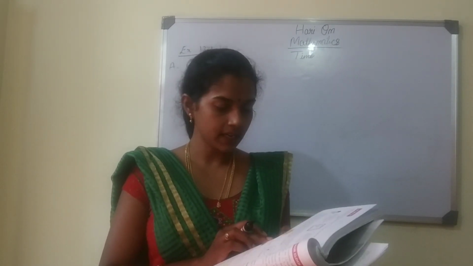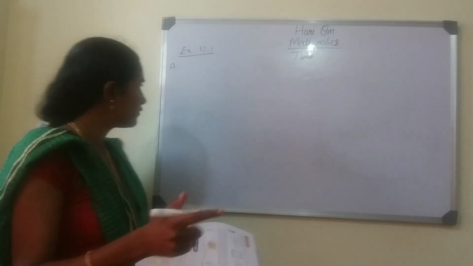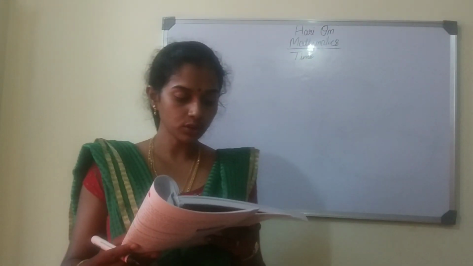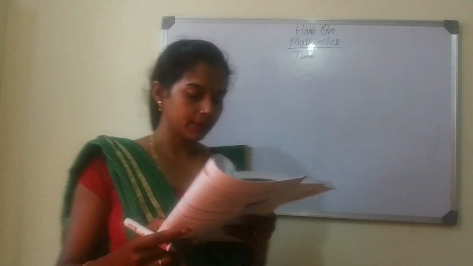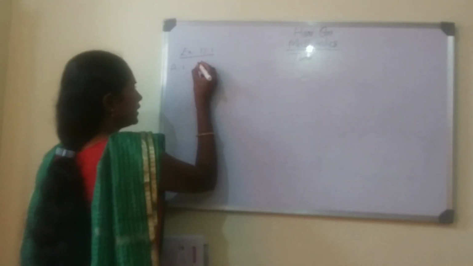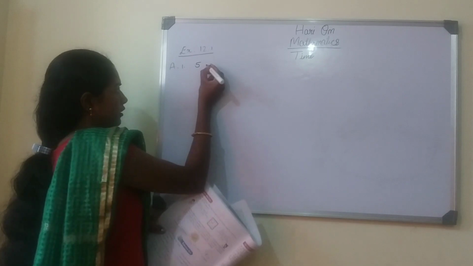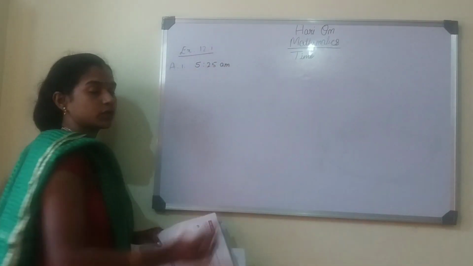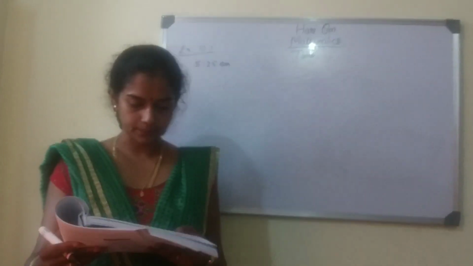Using that, we have to write the time using AM or PM. Look at the first one: 5 o'clock 25 minutes in the morning. Morning is AM. So we are going to write 5 o'clock 25 minutes AM.